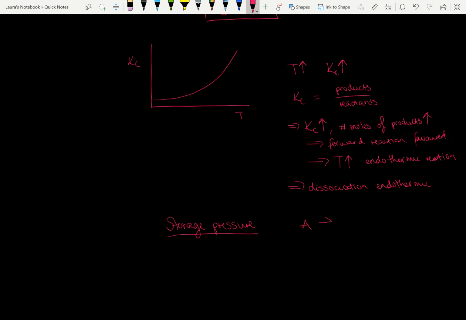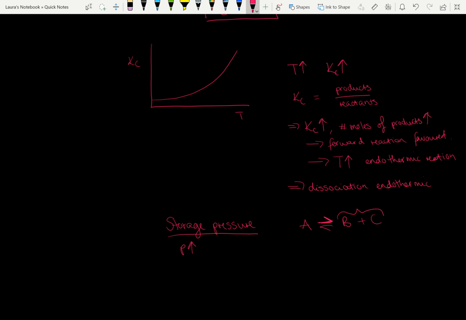So we've got A being decomposed into B plus C. So if the forward reaction is being favored, we've got more of B and C being produced. So that means that the pressure is increasing.